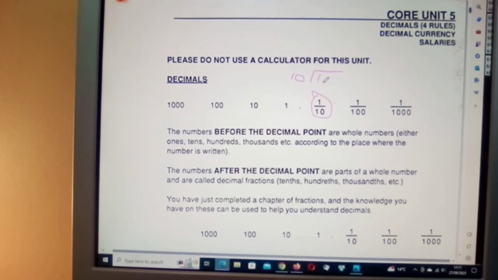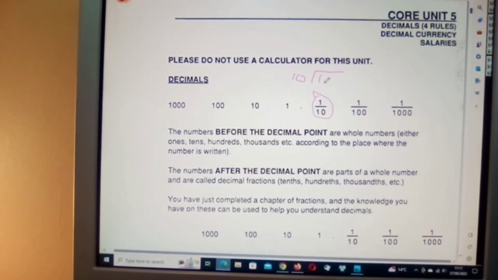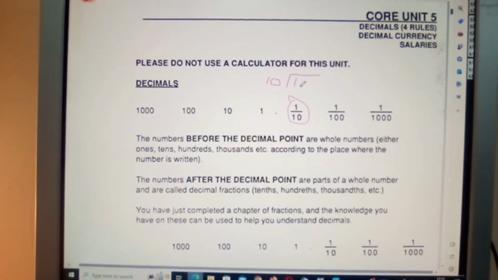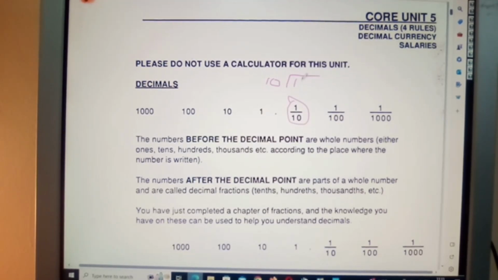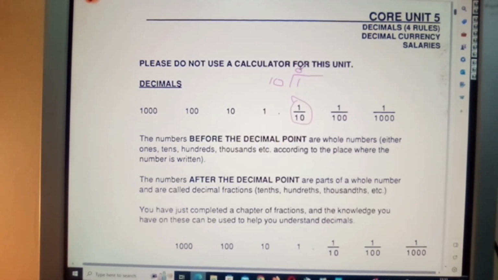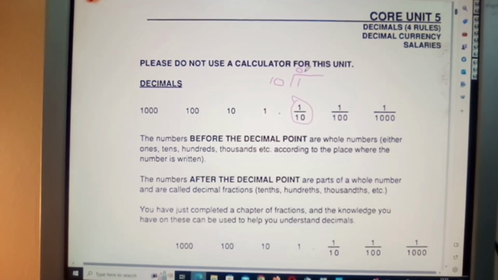10 into 1 I can't. That gives me a 0 here. 0 and a decimal point. Because I put in a decimal point, I then have to add a 0 here.